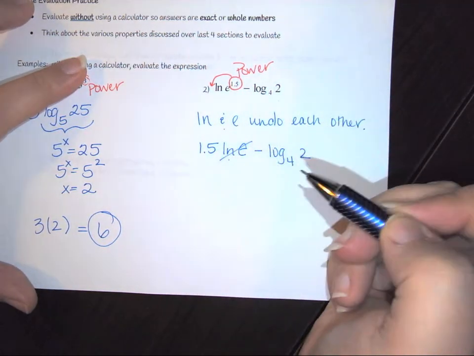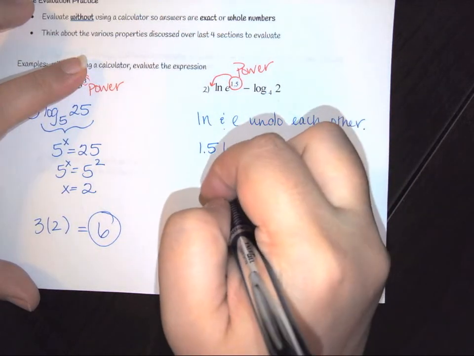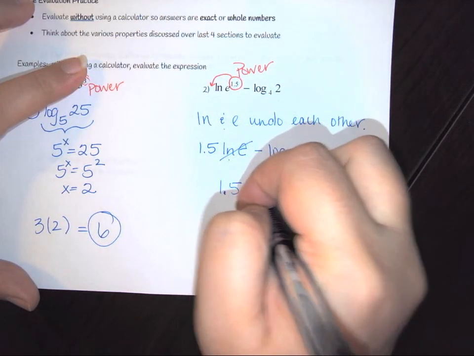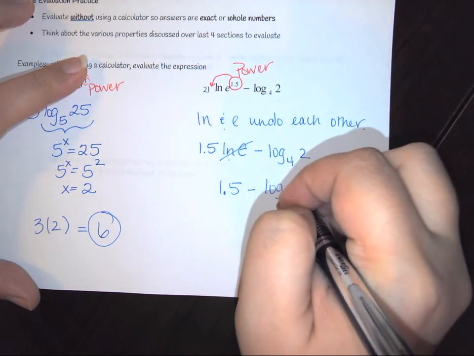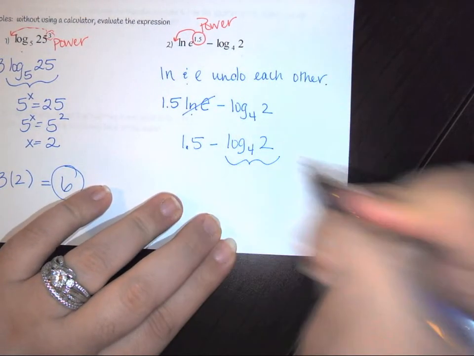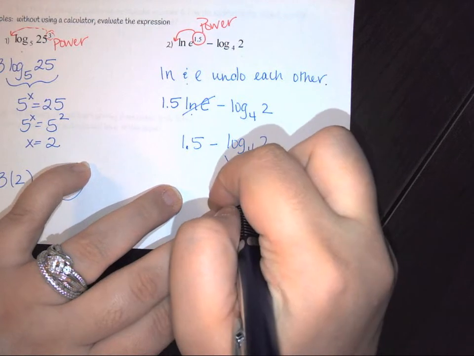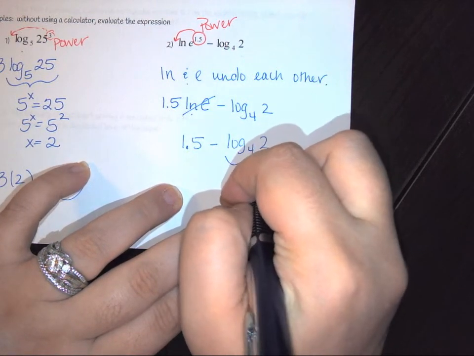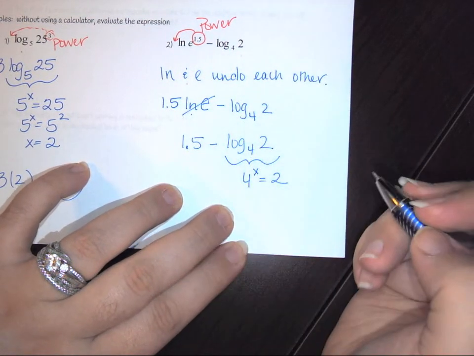Natural log of e goes away, leaves me with 1.5 minus the log base 4 of 2. So here we got to simplify this part. So we have 4 to the x equals 2.